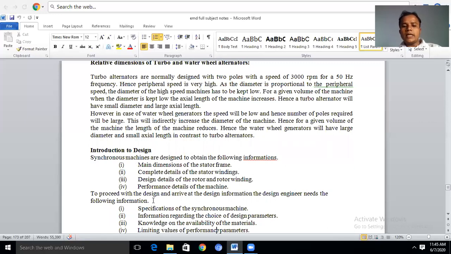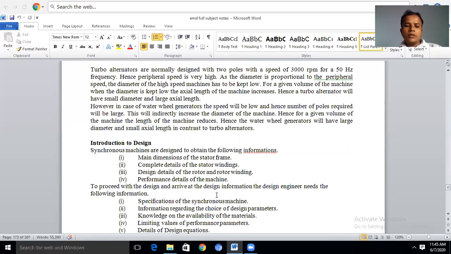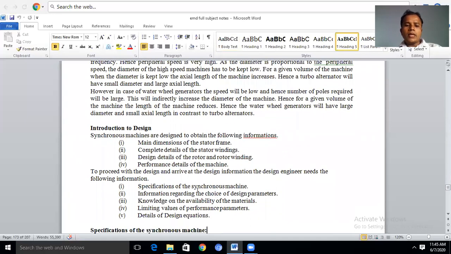To proceed with the design and arrive at the design information, the design engineer needs the following information also. We need the specifications of the synchronous machine, information regarding the choice of design parameters, knowledge of the availability of materials, limiting values of performance parameters, and then the detail of design equations.